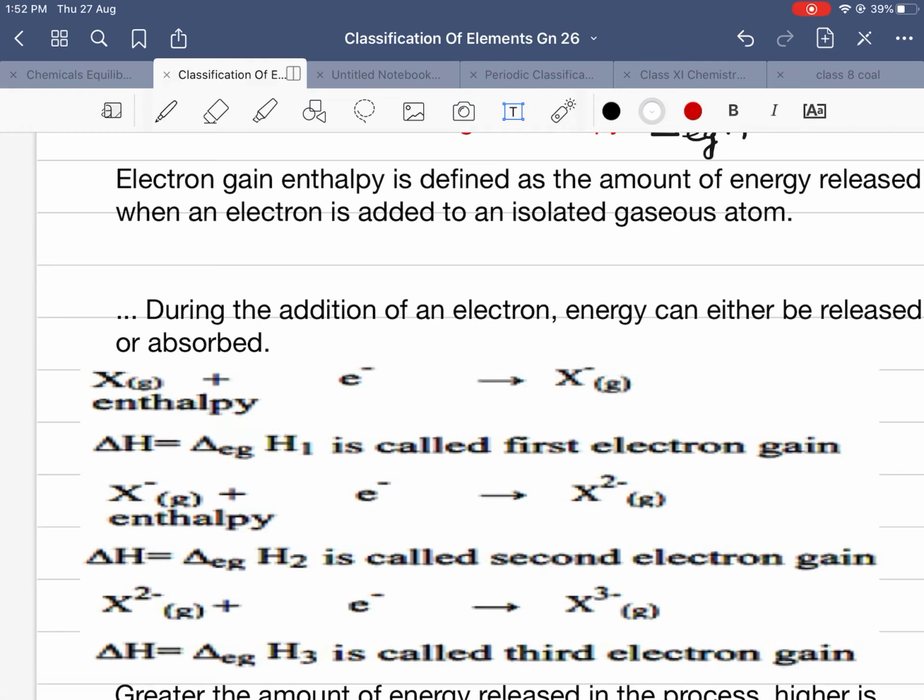In other words, electron gain enthalpy is a process which is the reverse of ionization. During the addition of an electron, energy can either be released or absorbed. It may be an exothermic reaction or an endothermic reaction.